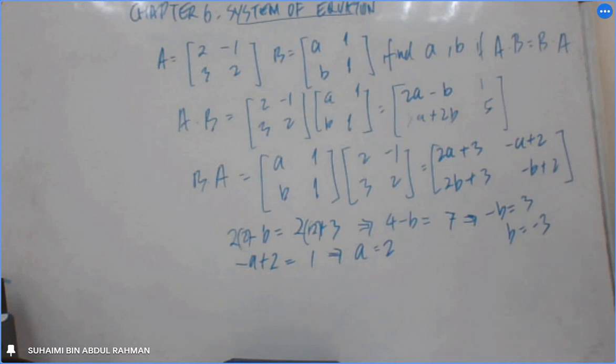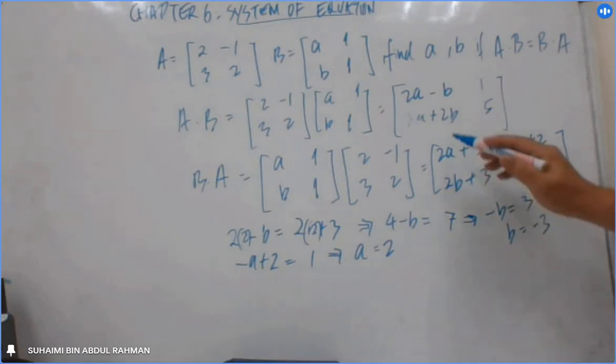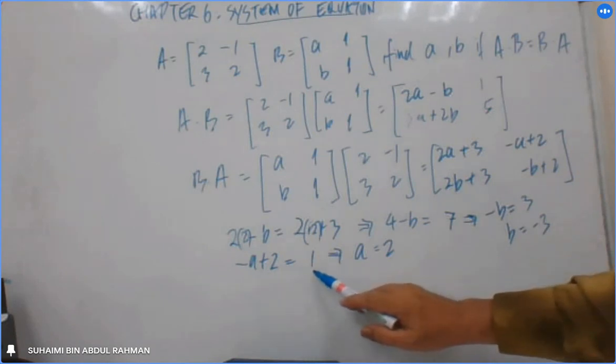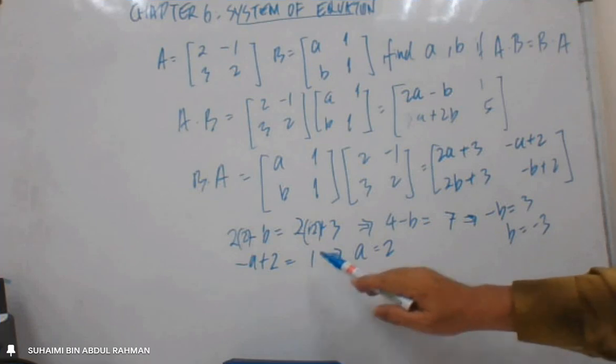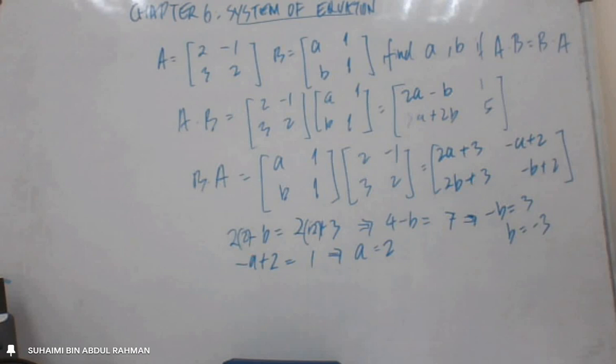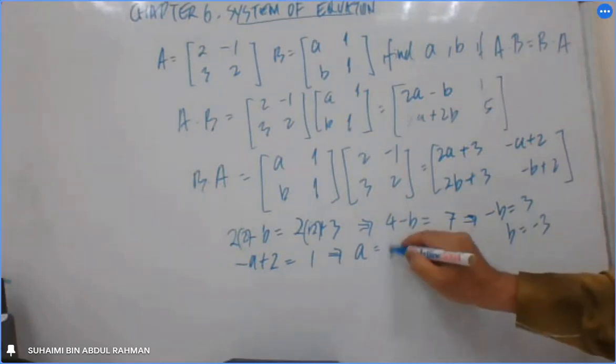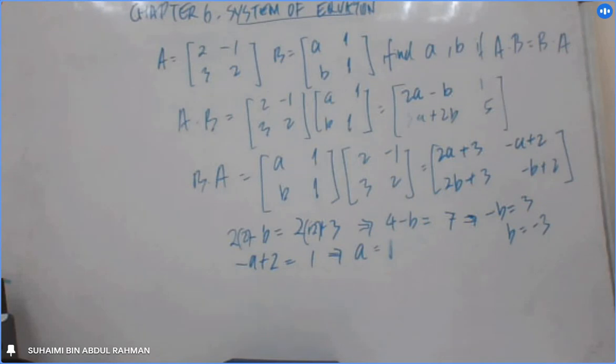Question: I think A is supposed to be 1. Minus A plus 2 equals 1, so minus A equals minus 1, so A equals 1. Yes, A equals 1.